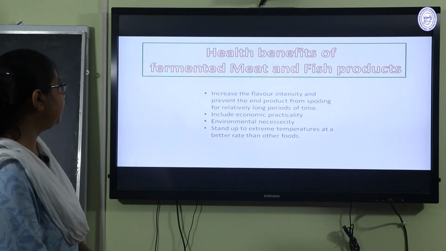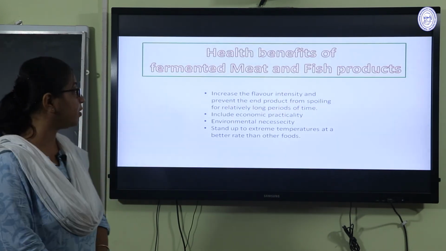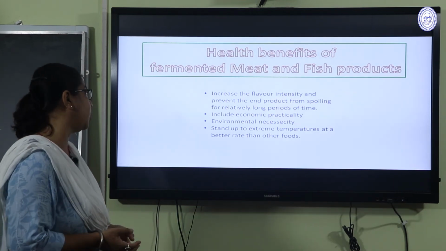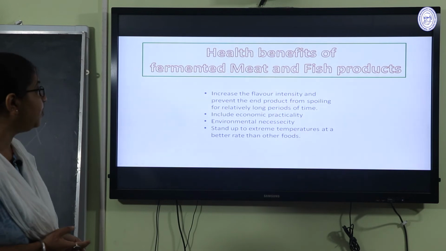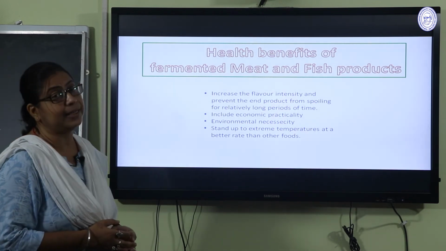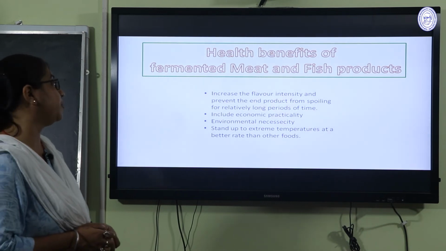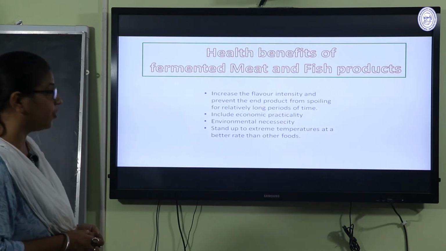So what are the health benefits of the fermented meat and fish products? It increases the flavor intensity and prevents the end products from spoiling for relatively long periods of time, and includes economic practicality, environmental necessity, and standing up to extreme temperatures at a better rate than other foods.